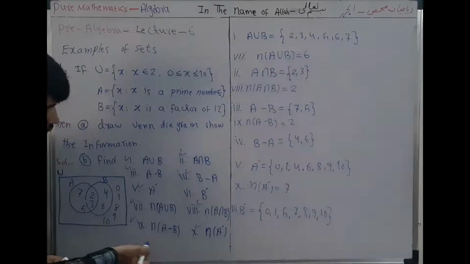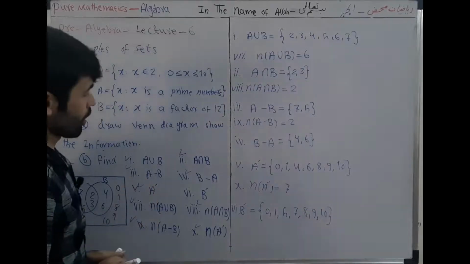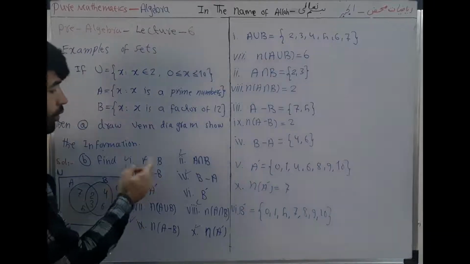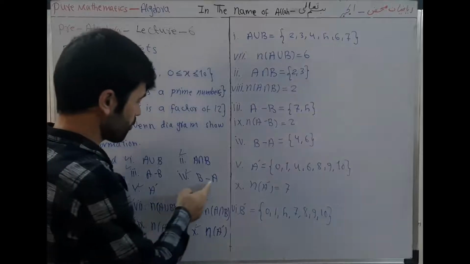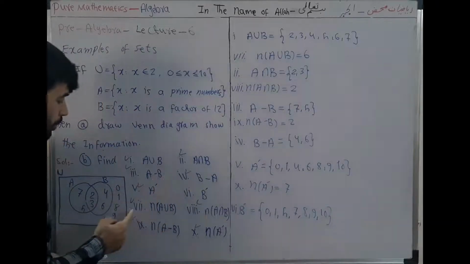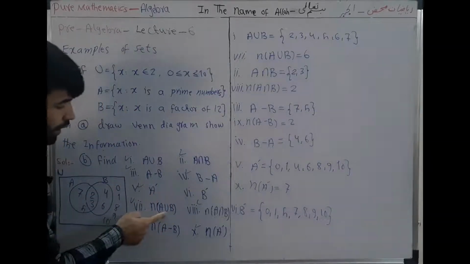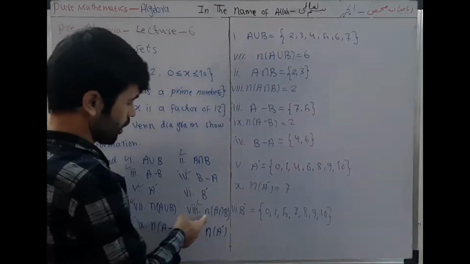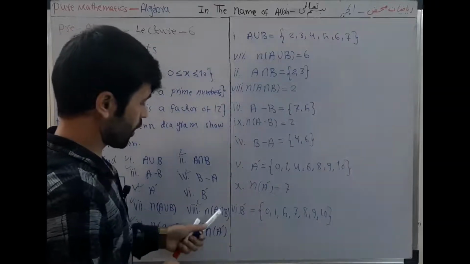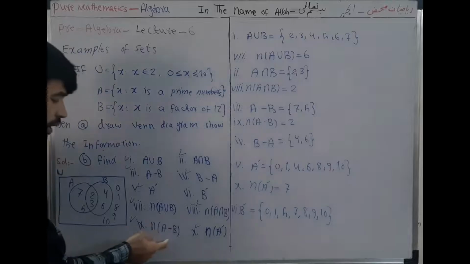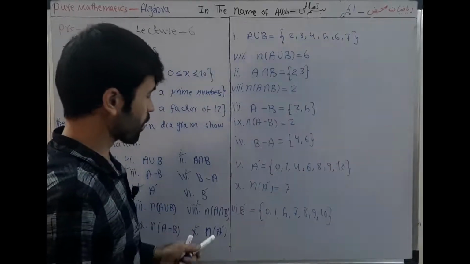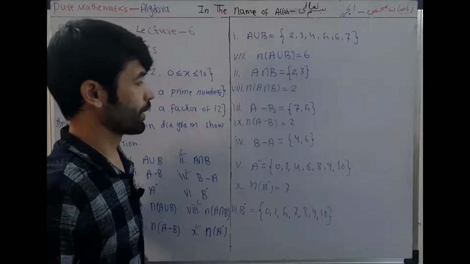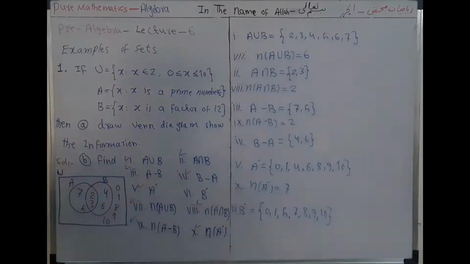All of them we find: A union B, A intersection B, A minus B, B minus A, A complement, B complement, n of A union B, n of A intersection B, n of A difference B, and n of A complement. It was the first example.